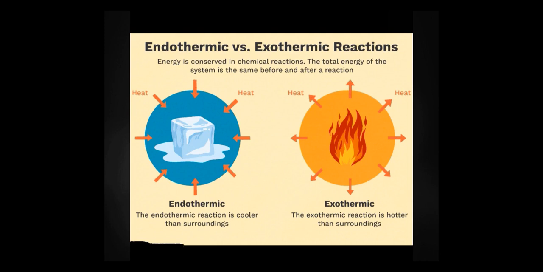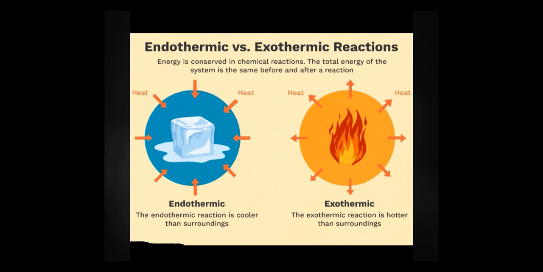Just the opposite happens in an exothermic reaction. In this reaction, energy is liberated into the surroundings by the reactant. In an exothermic system, the enthalpy of the reactant is greater than the enthalpy of the product, and therefore the change in enthalpy is negative.